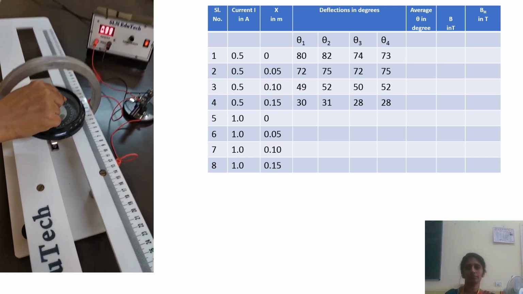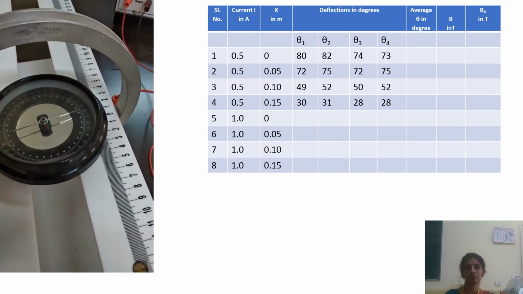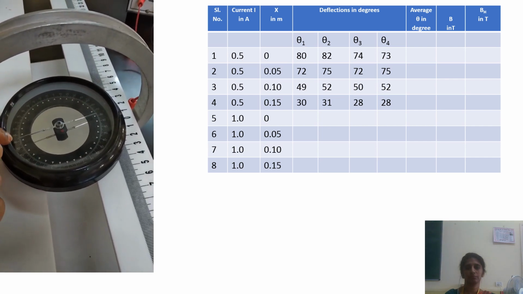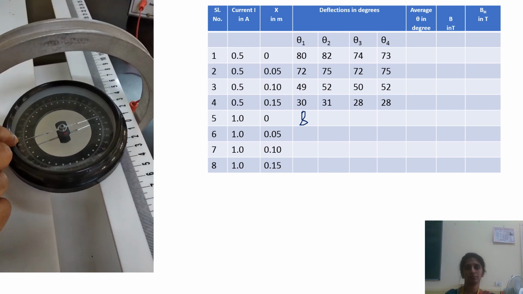You can see here the deflections: theta 1 is 80, theta 2 is 81.